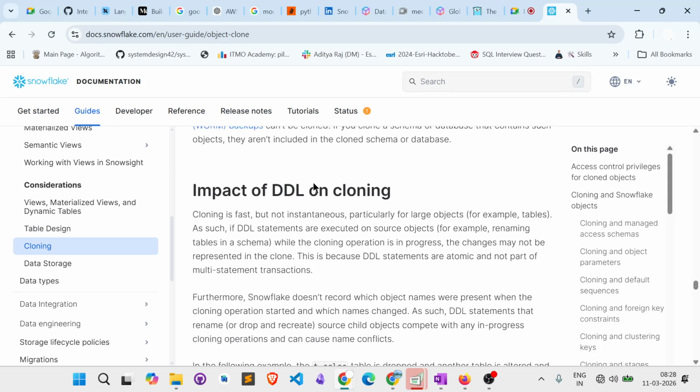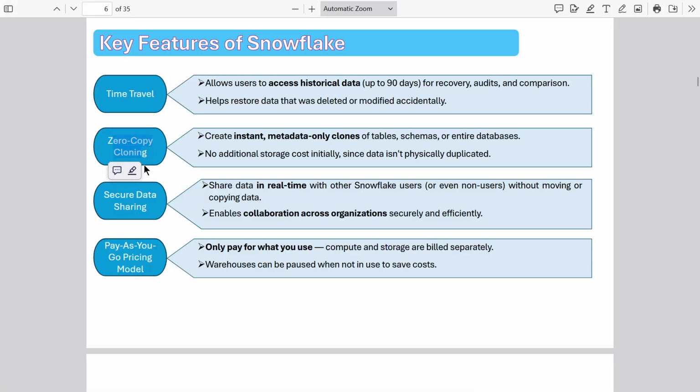Okay, so zero copy cloning. Zero copy cloning means it creates instant metadata only clones of tables, schemas, or entire databases. So there is no additional storage cost initially since data isn't physically duplicated.